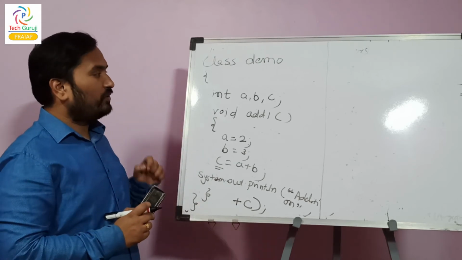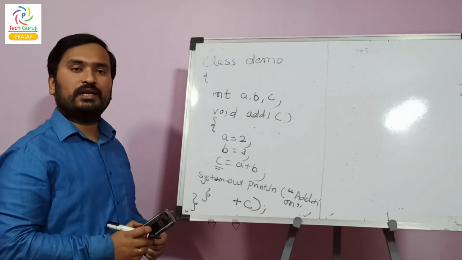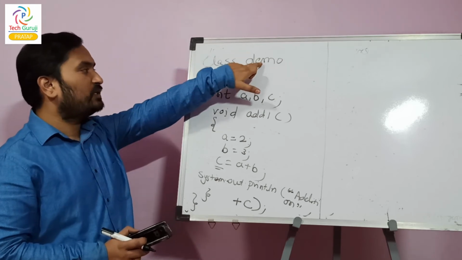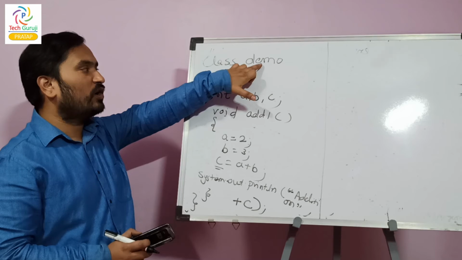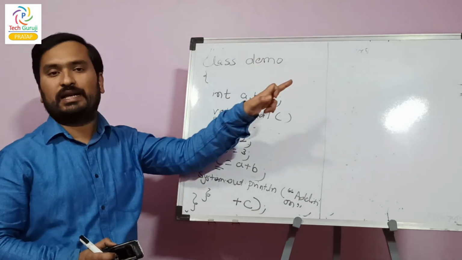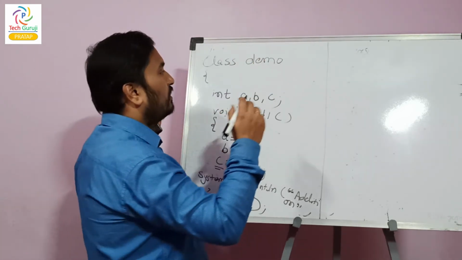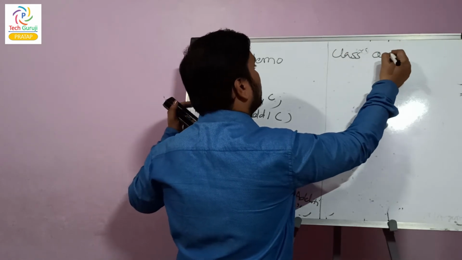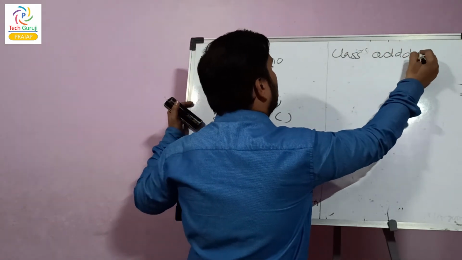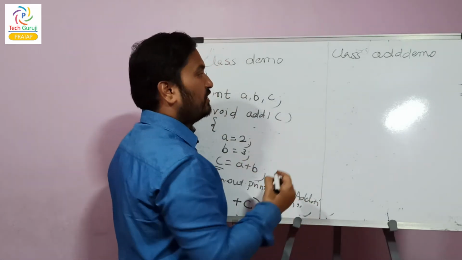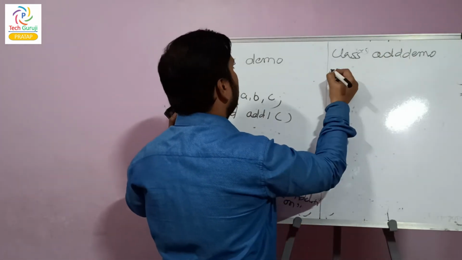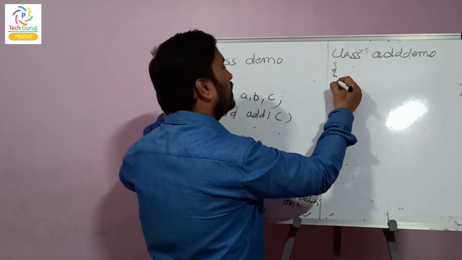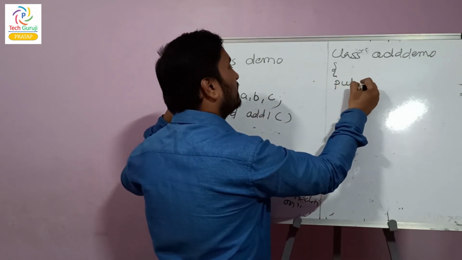Now we have to create another class which contains a main method, but to access the properties of the demo class we have to create an object of demo within that class. So let's start with that. Class add demo is our new class which contains a main method. So class add demo, curly bracket open. This class contains the main method.